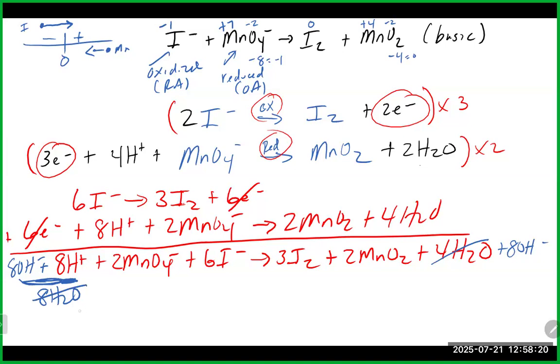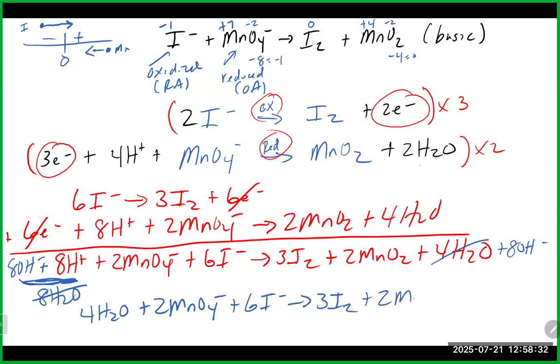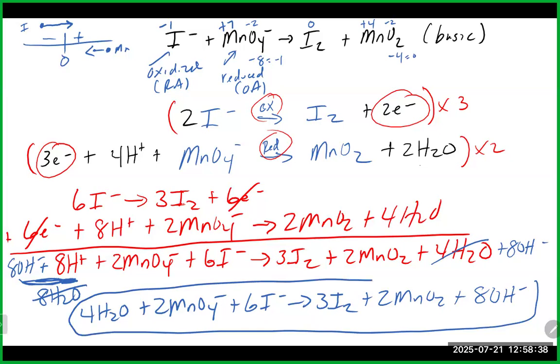And if I do that, that will leave me 4 waters plus 2 MnO4 minus plus 6I minus goes to 3I2, 2 MnO2, and 8 OH minuses. And again, we should be balanced in basic conditions.